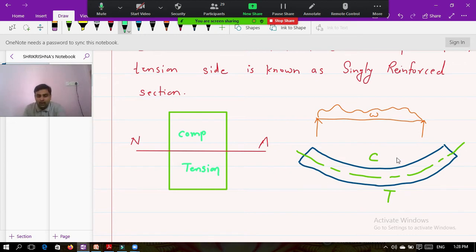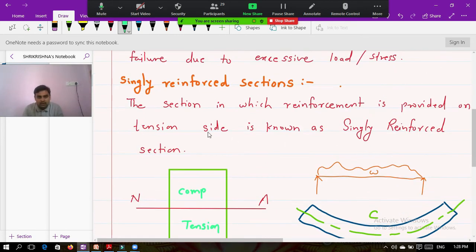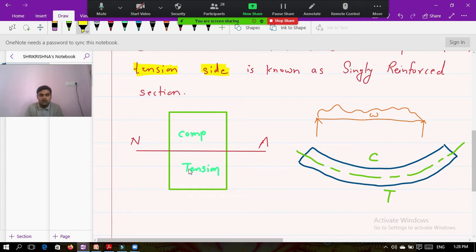Now, why have I drawn this diagram? To understand the definition: the section in which the reinforcement is provided on the tension side. See this, this is the tension side. If the reinforcement is provided below the neutral axis, then these types of sections are called singly reinforced sections.